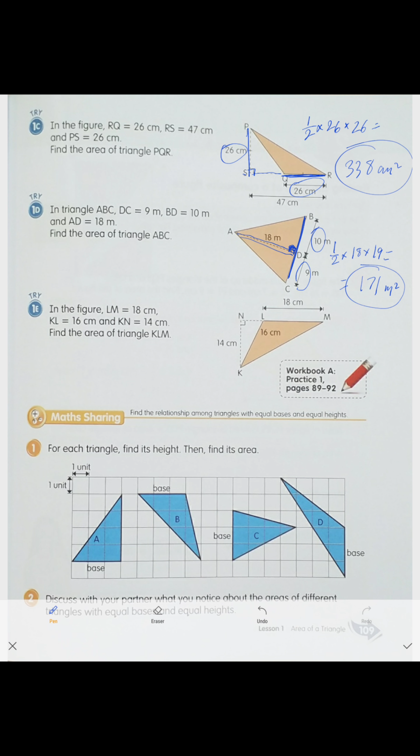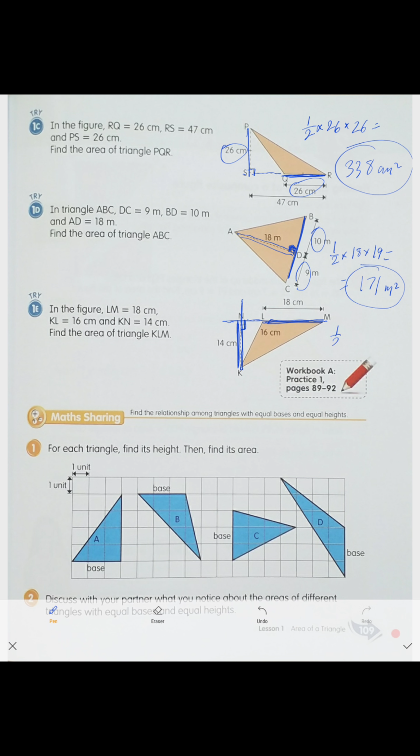All right. Okay. Lastly, in the last one, here is our base. We extrapolated here, and here's the perpendicular line, angle. This is our height. This is our base, right? And we calculate it.